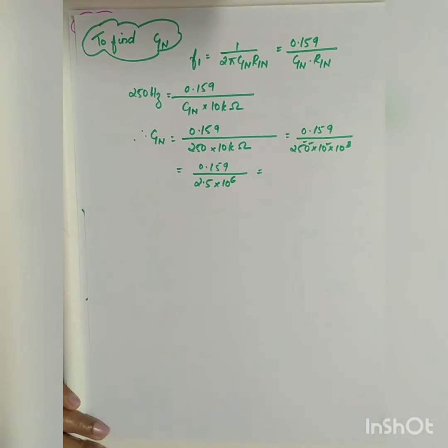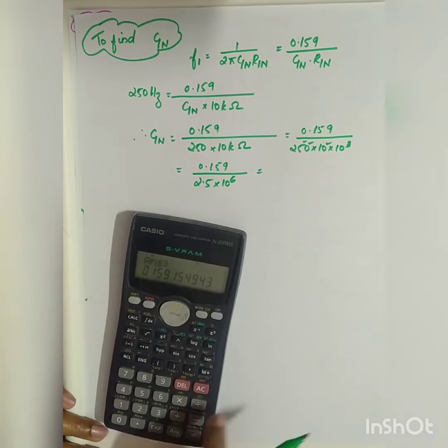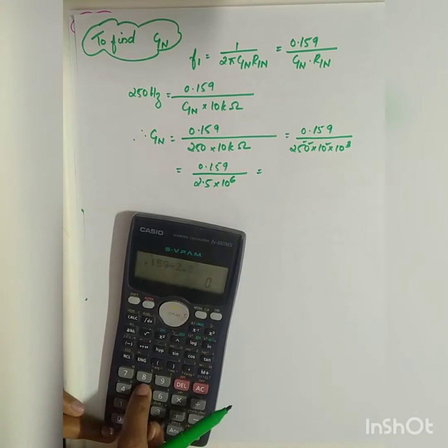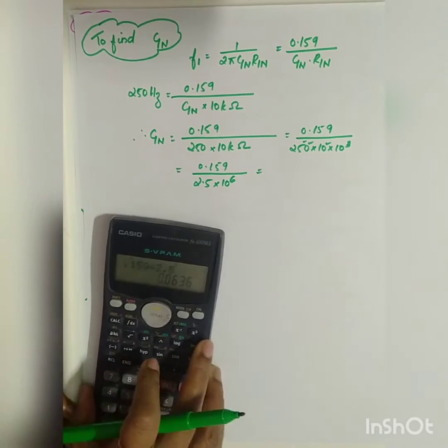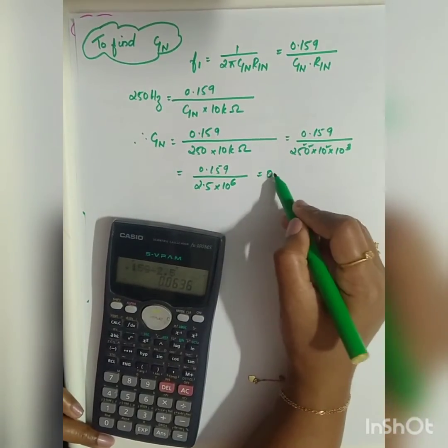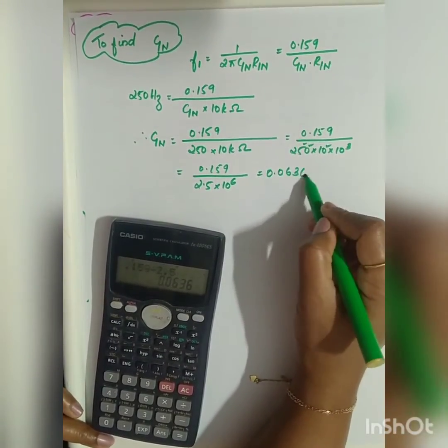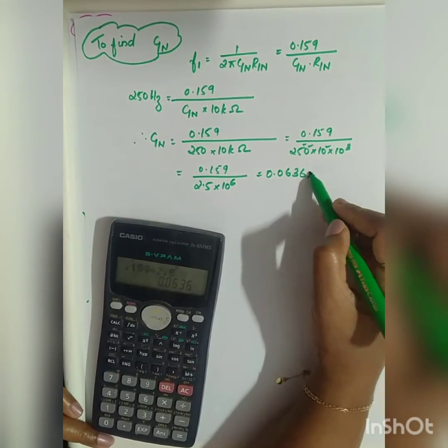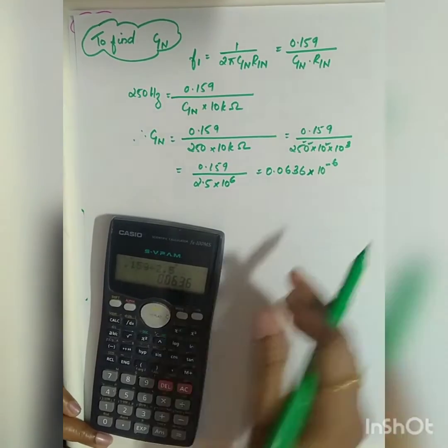So what will be the value now? 0.159 divided by 2.5 is equal to 0.0636, and 10 raised to 6 at the bottom gives 10 raised to minus 6.